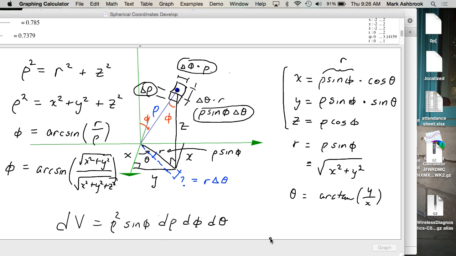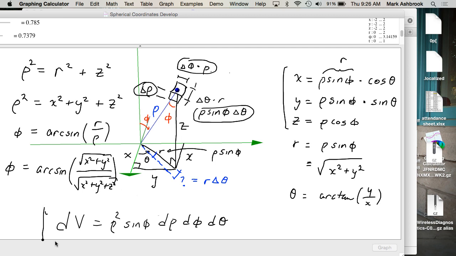The rho squared sine phi is like the r when we did cylindrical or polar coordinates, where we had to do r times dr d theta, because changes in angles don't quite give you change in length. It depends on how far you are from your pole or origin. So the rho squared sine phi compensates for how far that thing is from the origin.